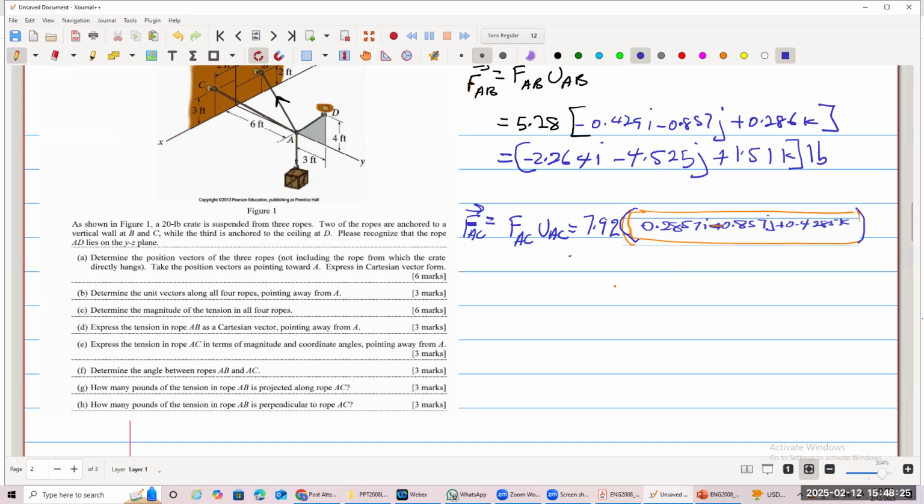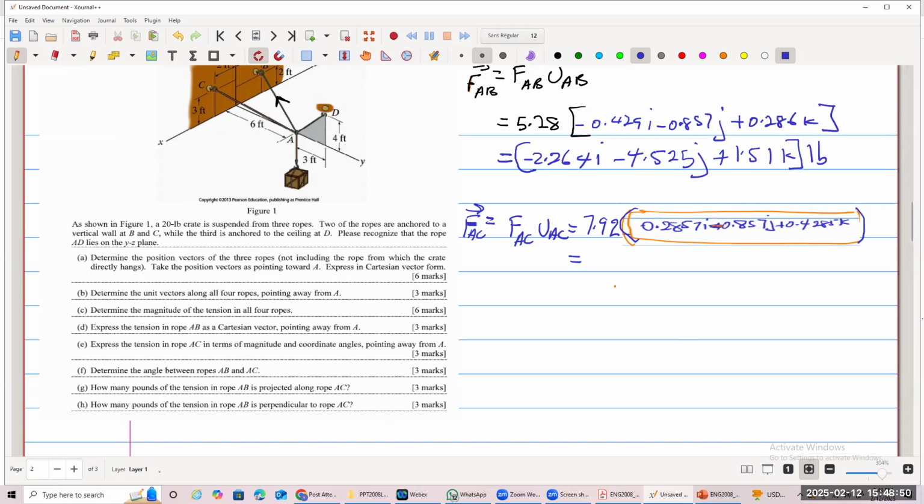So when you expand that, what do you get? Expand that and tell me what you get, guys. What's the first one?